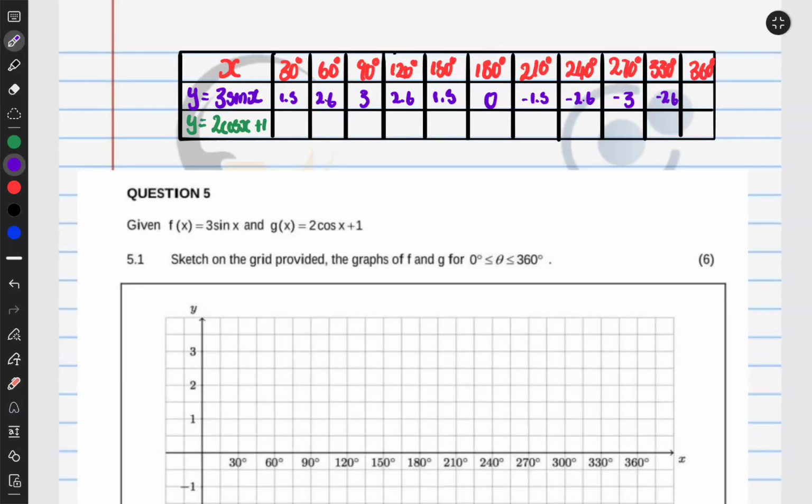Oh, hey, I skipped 300, but it's fine. Let's just do 330. That is negative 1.5. So 300 is just going to be negative 2.6. Okay, we skipped. And then 360 should be 0.